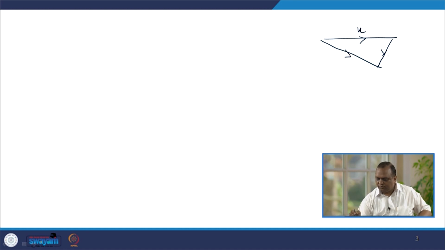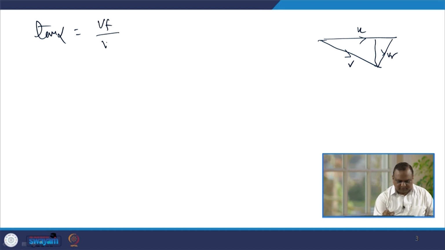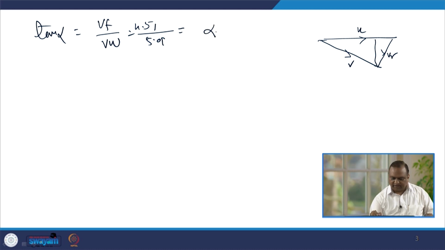This is u, this is Vr, and this is V, right? So tan alpha is going to be equal to Vf by Vw. Vf and Vw we have already calculated. It is 4.51 divided by 5.09, and this will give the value of alpha as 41 degree 33 seconds.